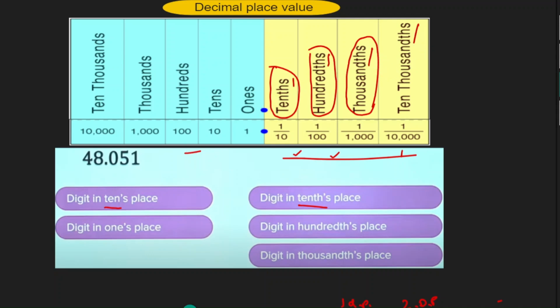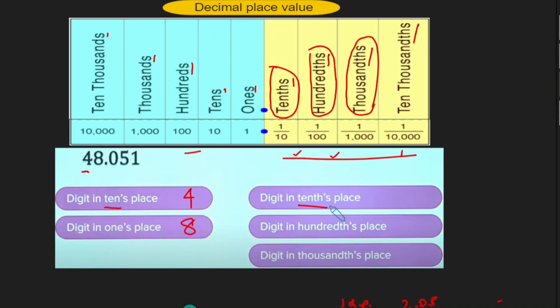But here you will find ones, tens, hundreds, thousands. So this tells you about a number that is in your whole number part. So digit in tens place means 4 here, because 8 is in your ones place, 4 is in your tens place. So digit in ones place will be 8.